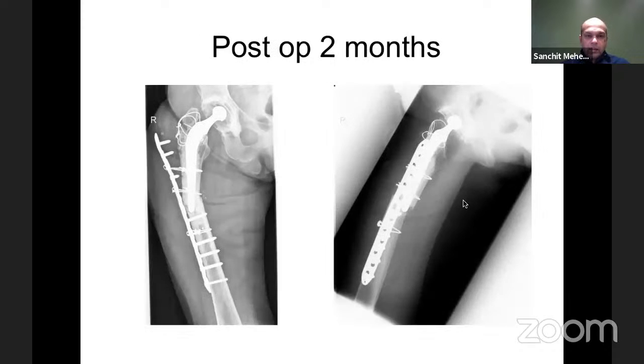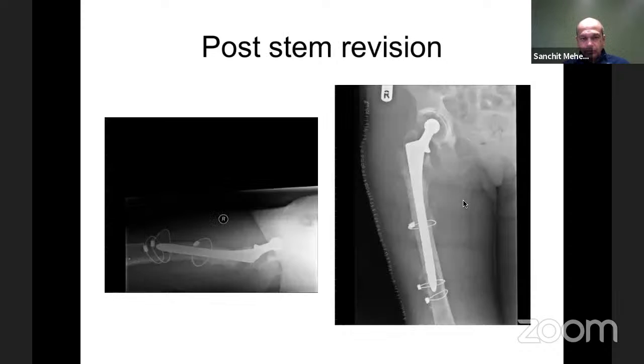And as you would expect, you have the walk off of the plate proximally, and the fixation failed. Then the choice was made to revise this to an uncemented stem. At that time, it was a Solution stem, which was a long uncemented monoblock. And unfortunately, that didn't go to plan either.